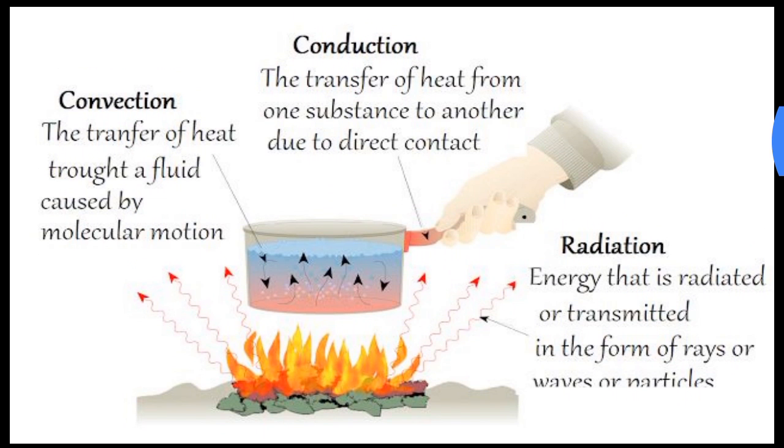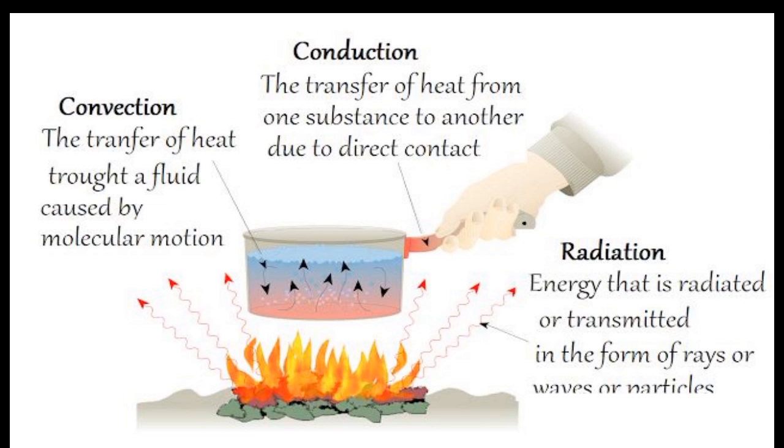Radiation is the third type of transfer of heat. Here the heat transfers in the form of rays or waves, and radiation does not require any medium. Conduction and convection require a medium, but radiation does not.